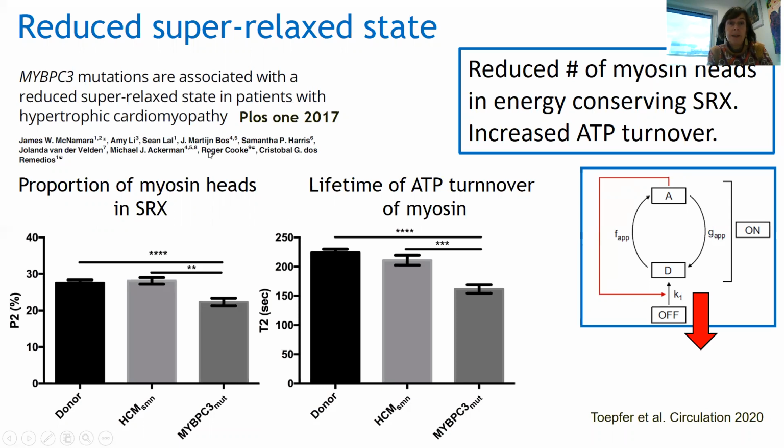And this was a study performed by James McNamara together with Christos Remedios, where they showed that there's a reduction of the number of myosin heads in the super relaxed state if there is a mutation in myosin binding protein C. And this means that basically there's an increased ATP turnover, as there's a lower number of myosin heads in this energy conserving state. And similar observations have been published for myosin heavy chain mutations.